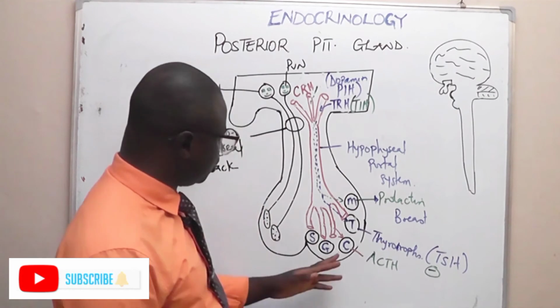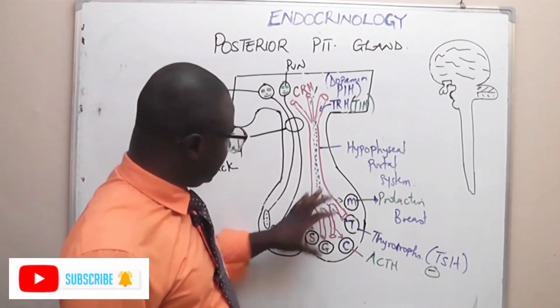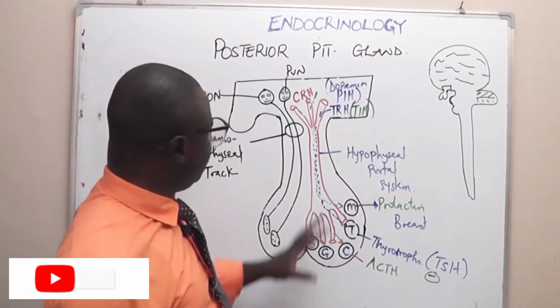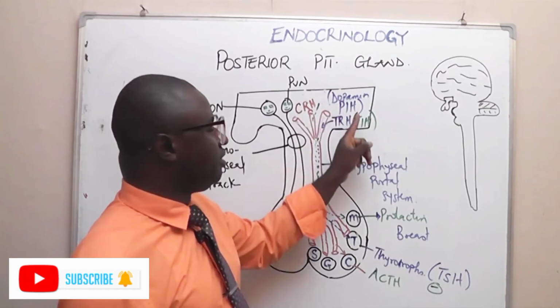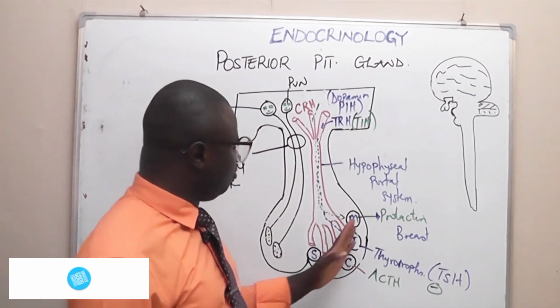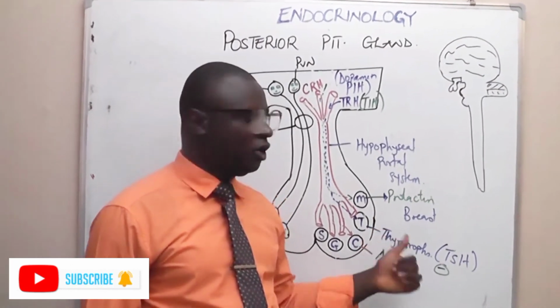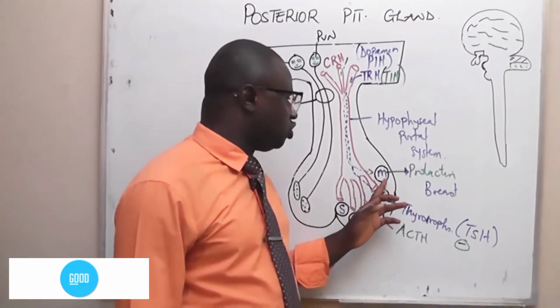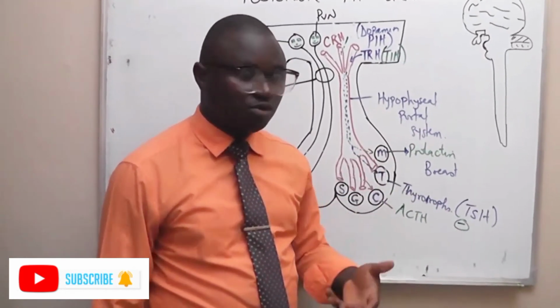Remember, we are supposed to have five cells. We'll look at the remaining two later on, but just know that for this we have three basic releasing hormones from the hypothalamus, and this causes stimulation of some specific cells within the anterior pituitary gland. The mammotroph produces prolactin, which stimulates breast milk production.